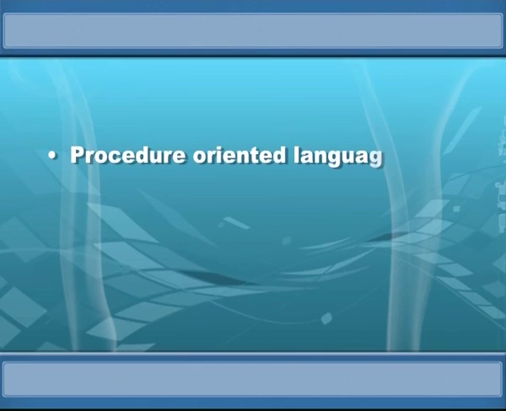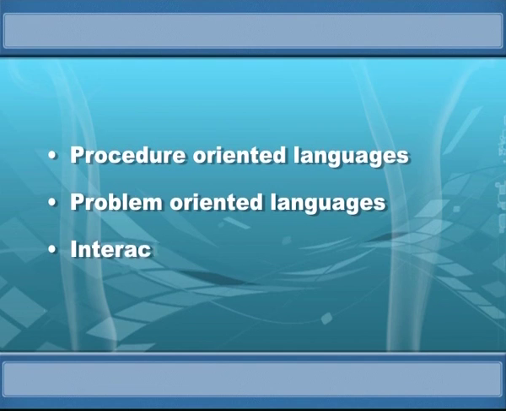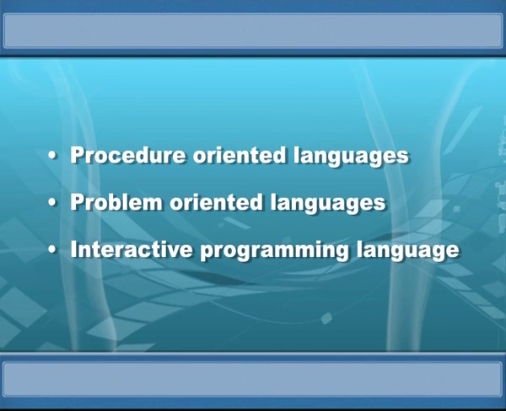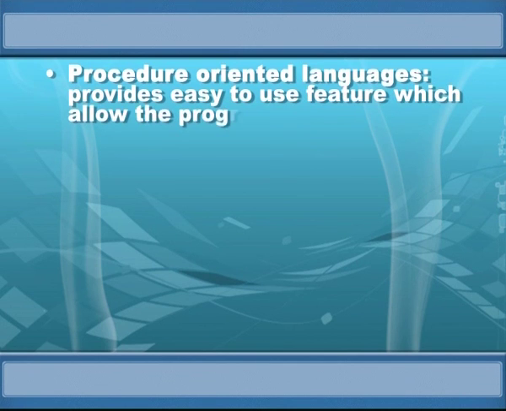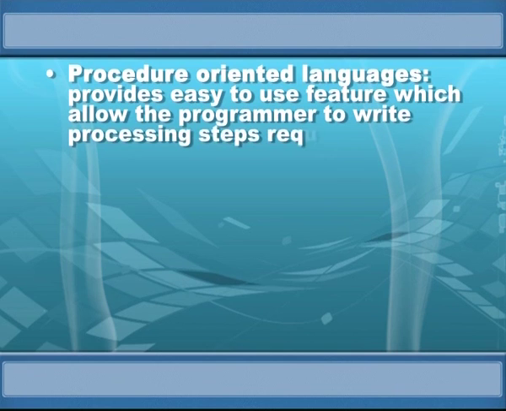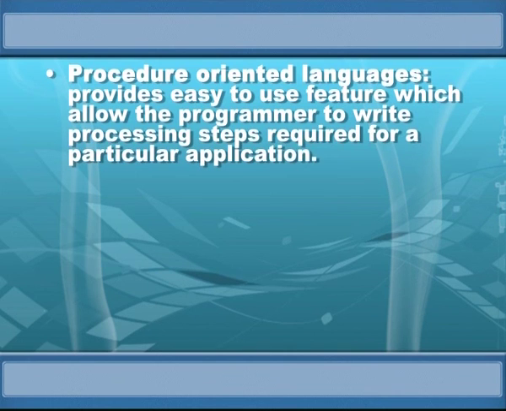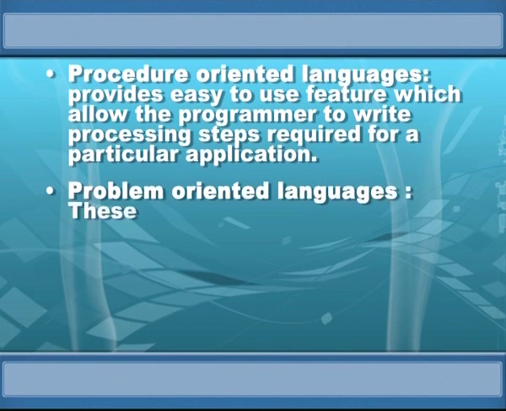Classification of high-level languages. Procedure-oriented languages, problem-oriented languages, and interactive programming languages. Procedure-oriented languages provide easy-to-use features which allow the programmer to write processing steps required for a particular application. Problem-oriented languages.